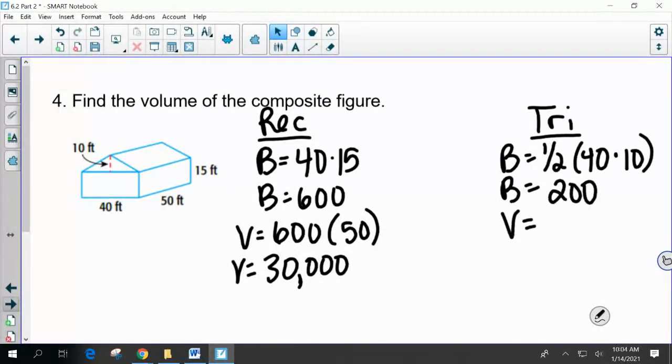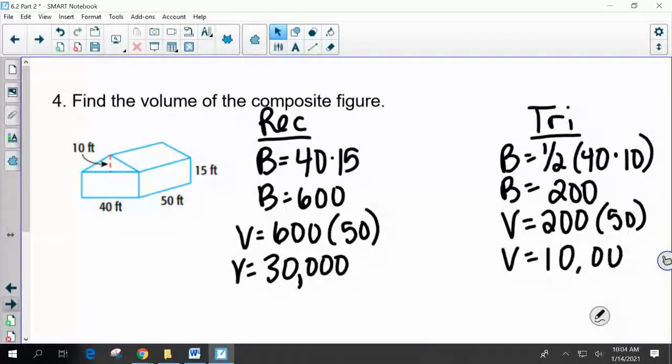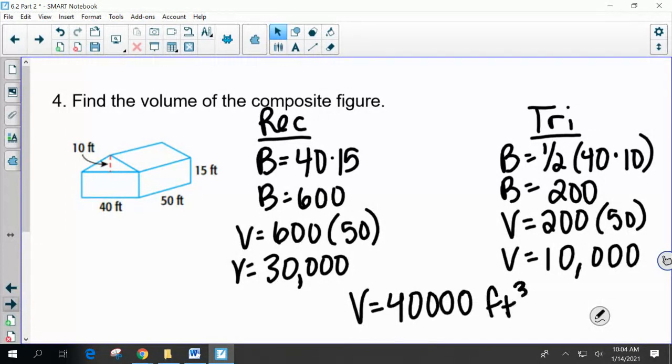And then my volume would be 200 times 50, which is 10,000. So even if you put your numbers in a different order, hopefully you still ended up with 30,000 and 10,000. And then I need to combine them together. So my volume would be 40,000 feet cubed.